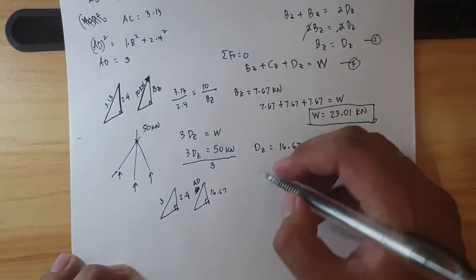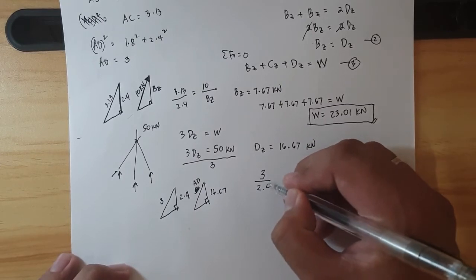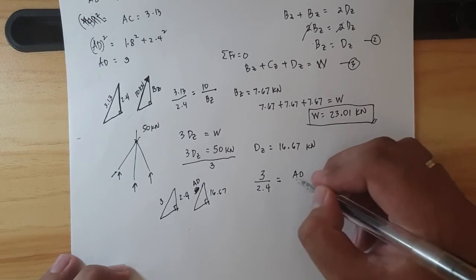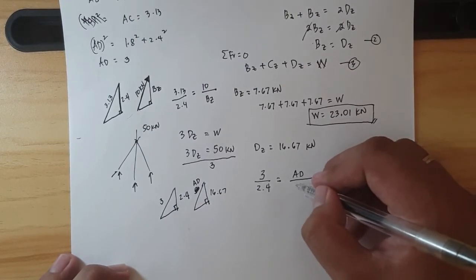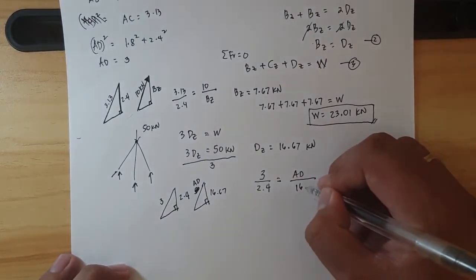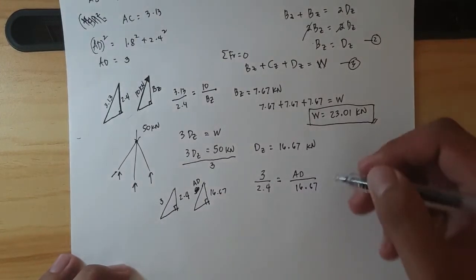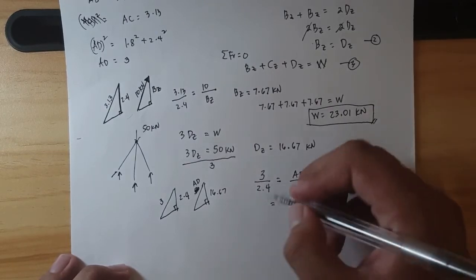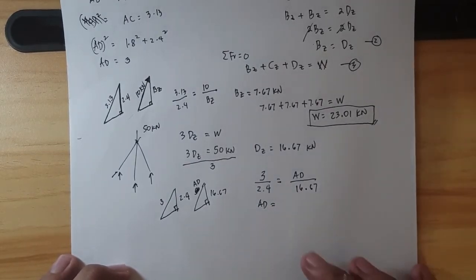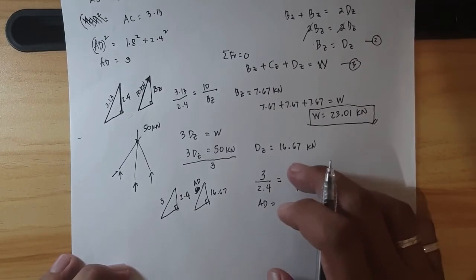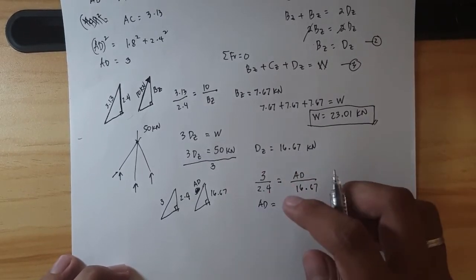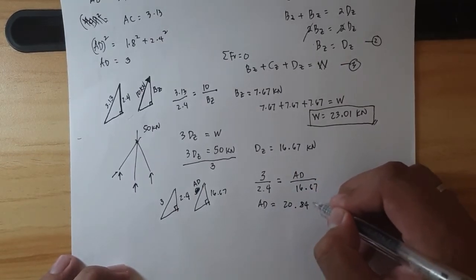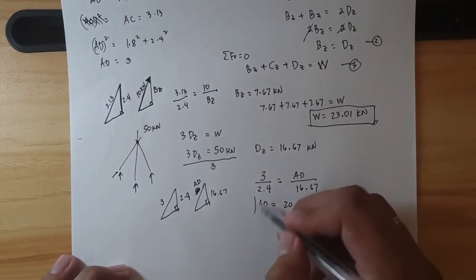So by ratio and proportion, if we have 3 is to 2.4 equal to the unknown AD over 16.67, AD is 3 times 16.67 divided by 2.4, we have 20.84 kilonewton.